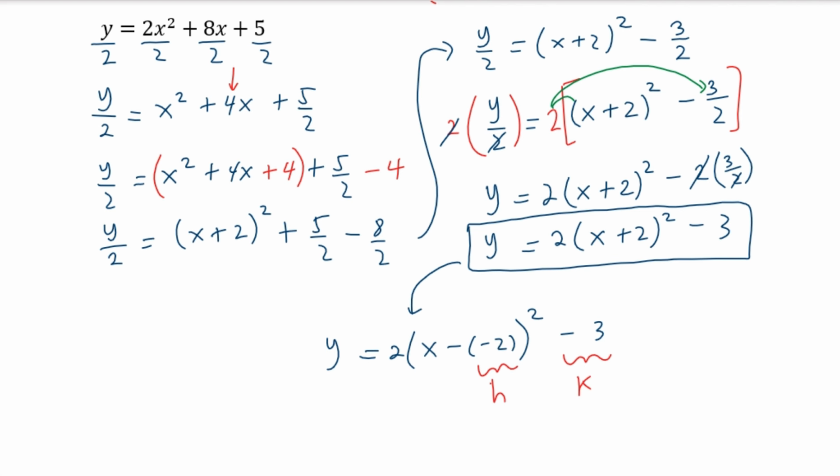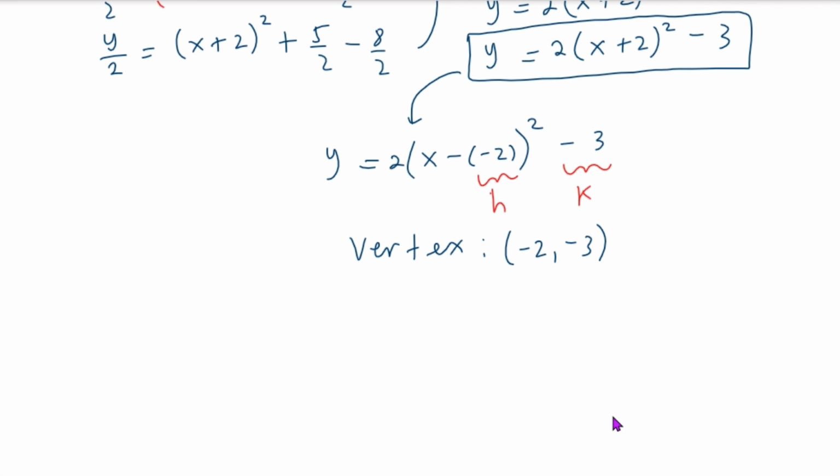So the vertex is at negative 2, negative 3. And the axis of symmetry is x equals the x coordinate of the vertex. So x equals negative 2.